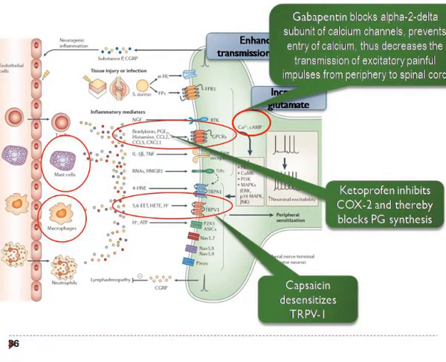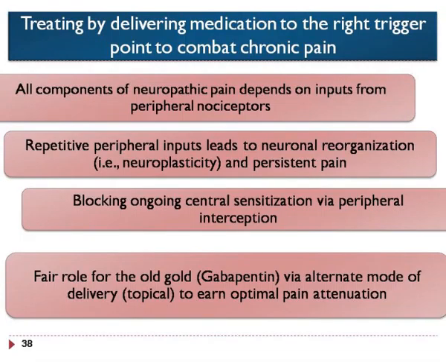So as I said, that mechanism is acting on the common pathway, unlike drugs like COX inhibitors or capsaicin, which act on only one component of the peripheral pain sensation. So I want to summarize this presentation: all components of neuropathic pain depend on inputs from peripheral nociceptors.